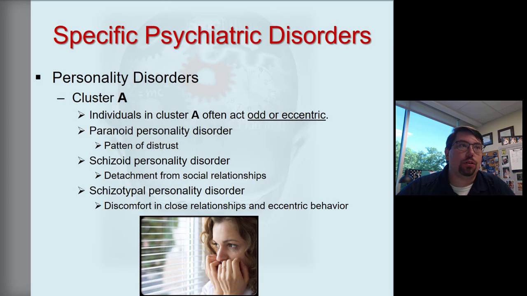Personality disorders, cluster A, these are individuals that often act odd or eccentric. Paranoid personality disorder, where they have a pervasive sense of distrust. Schizoid personality disorder as well, with detachment from social relationships. Schizotypal personality disorder, where you're seeing discomfort in close relationships and eccentric behavior.